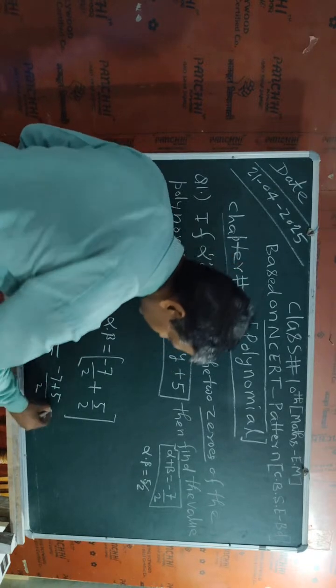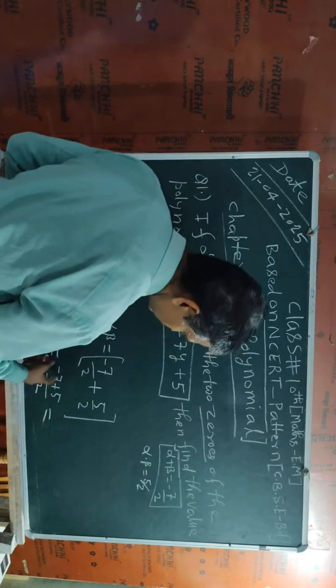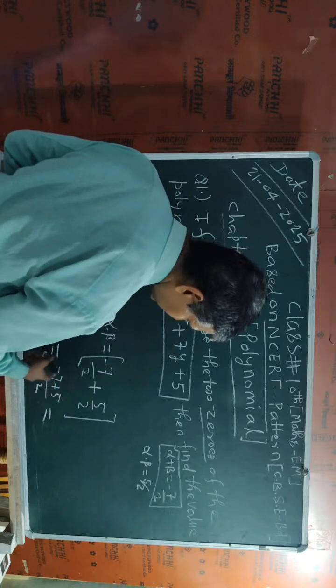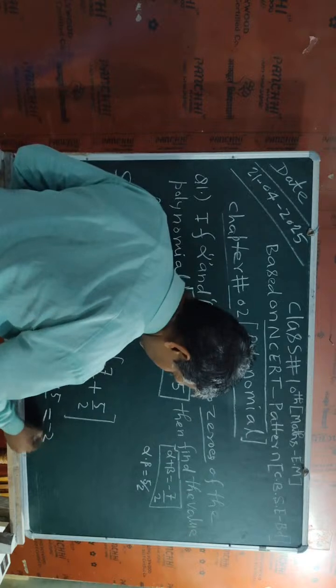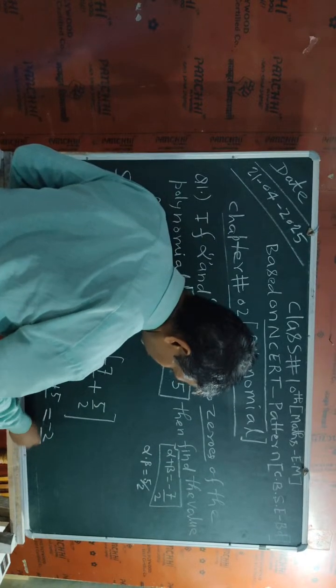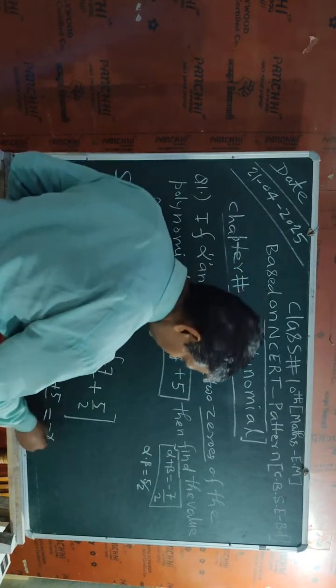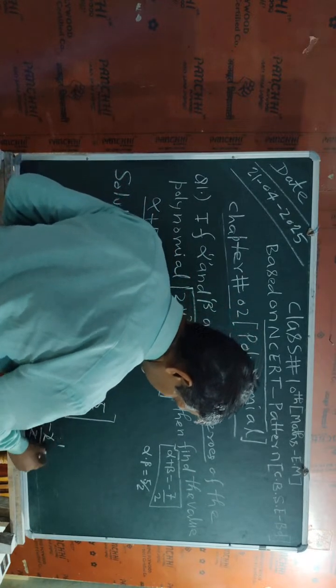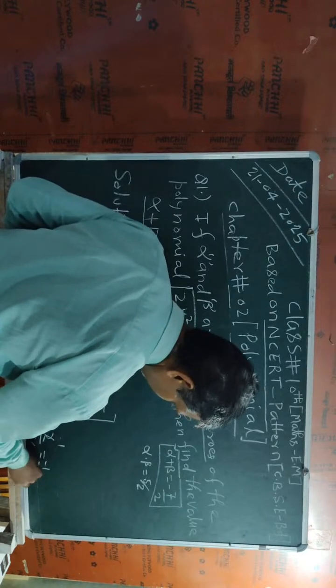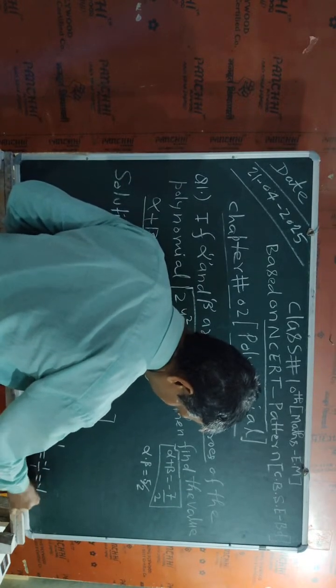After writing it, -7 plus 5 will be -2 divided by 2. Now 2 ones are 2 and 2 ones are -1. Minus is available here, so I will write -1 divided by 1, which is equal to -1.